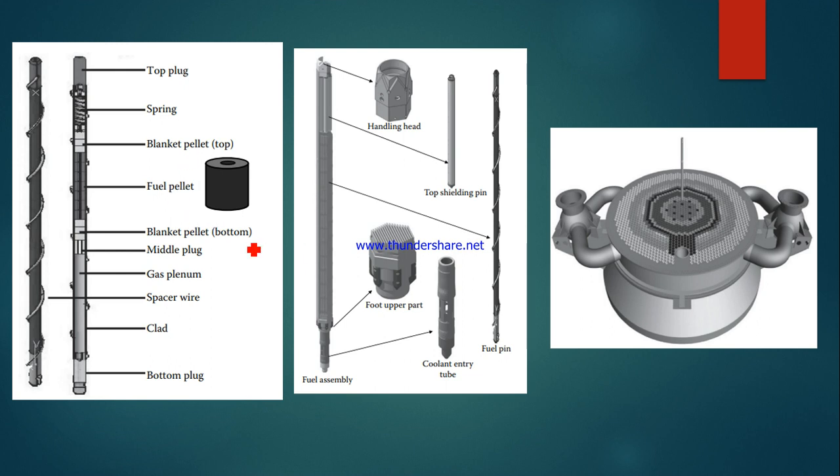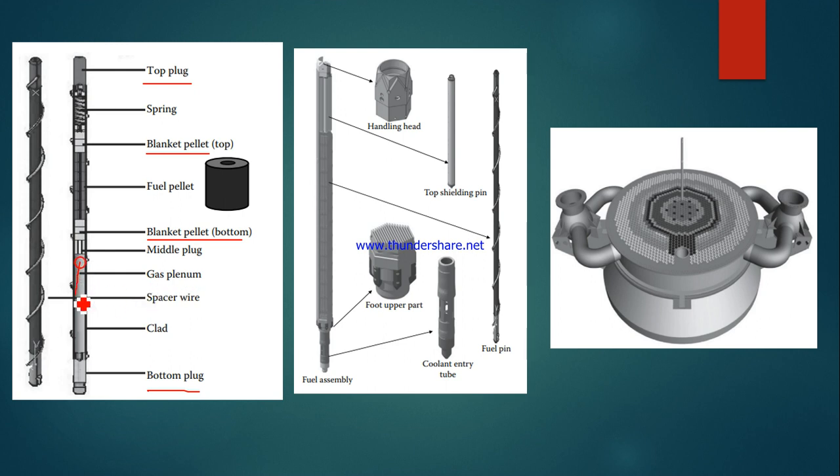So again I am showing the typical fuel pins. This is the top plug and this is the bottom plug. This is the spring, and this is the top blanket, and this is the bottom blanket. This is the middle plug, and in the previous slide I have shown the gas plenum.